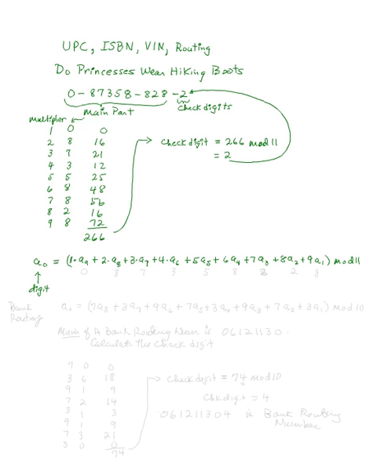A6 would be 3, A5 would be 5, if we write down the main part again.